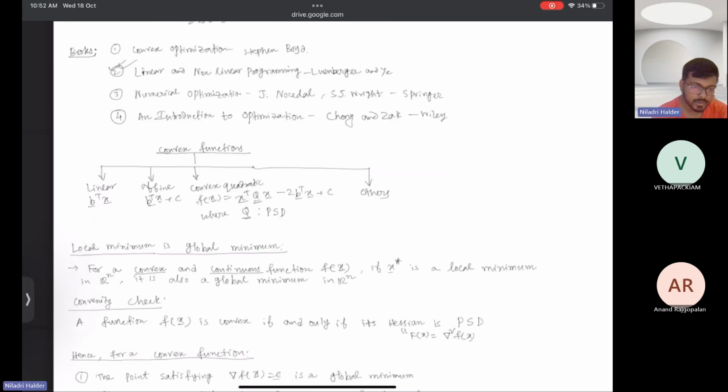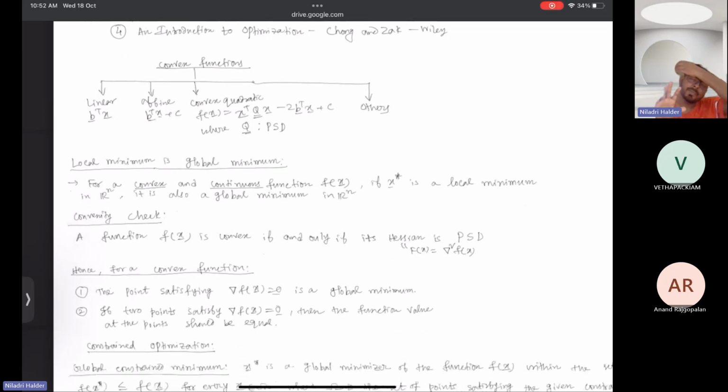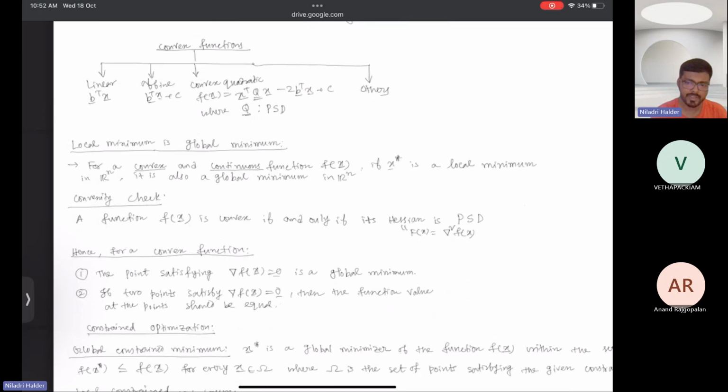There are many convex functions, but generally in optimization books, the convex functions are the linear form, the affine function, and the quadratic function. There are other convex functions also.